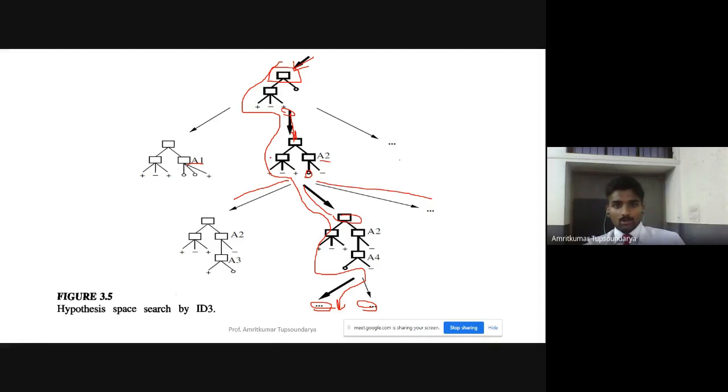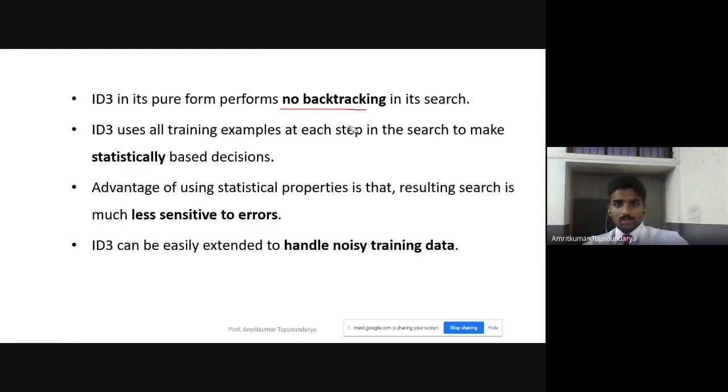We are not going back to another branch of the tree. So when the ID3 algorithm has the best suitable problem defined for it, there will be no backtracking in its search.